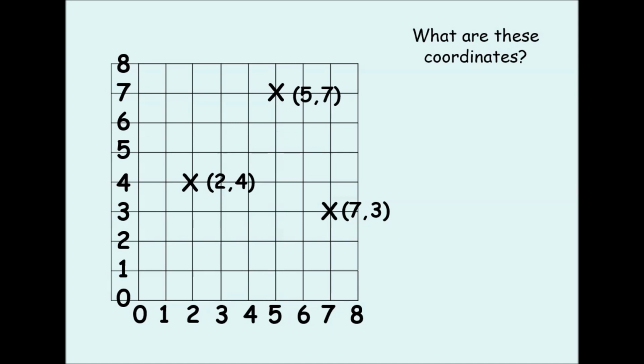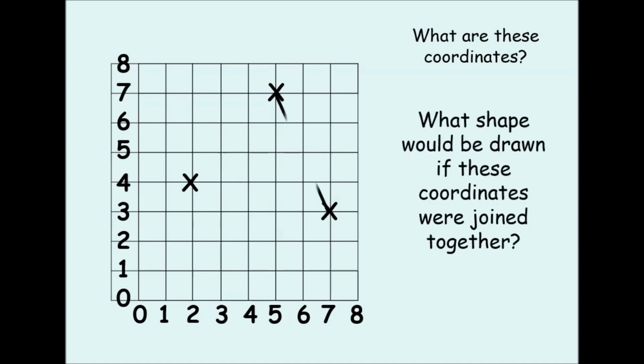You should be able to work out that there are 3 points there. Let's imagine there are 3 vertices of a 2D shape. What shape do you think I could draw? I'll tell you now, it's a, look, triangle. It's a triangle.